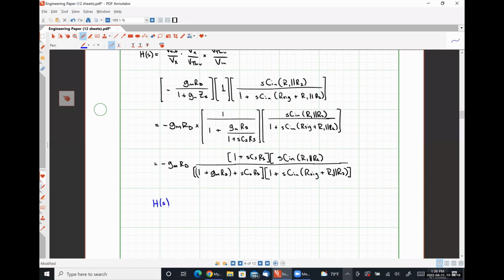H of S in the form AM, where AM represents our midband gain, multiplied by FL of S, where FL of S represents the low frequency response terms, which are all these guys up here.